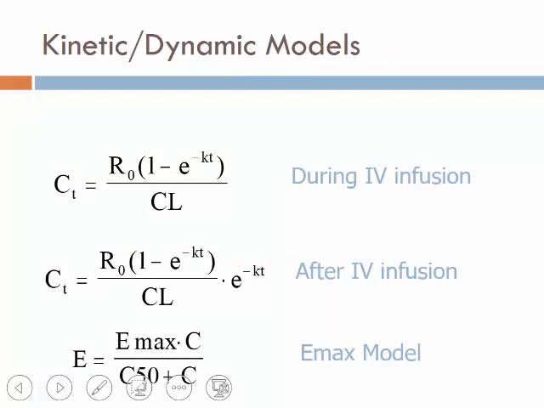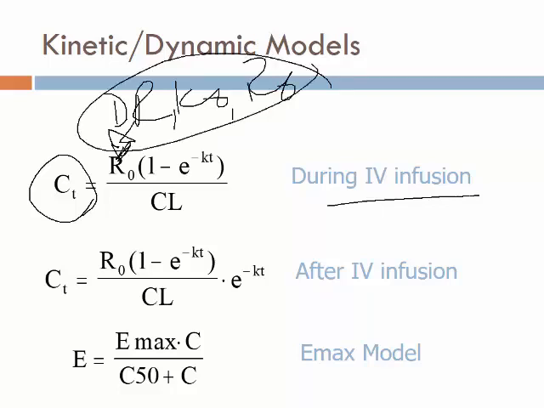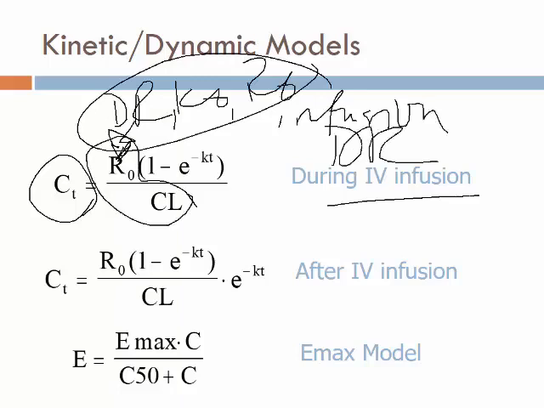Now, what we can do is put these two models together. As you know, to determine a concentration at any time during a constant infusion, you take your dose rate, or K0, or R0, whatever people name it, the rate of drug that you're giving, your infusion rate, or what I've been calling dose rate, over clearance, times 1 minus e to the negative kt, this t being whatever time you want to know during that infusion.